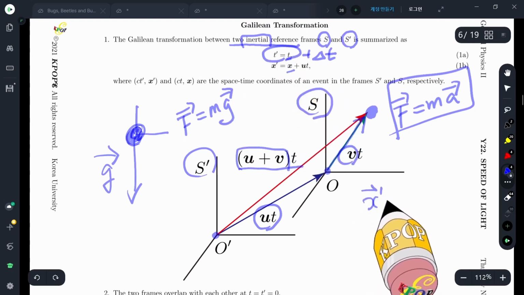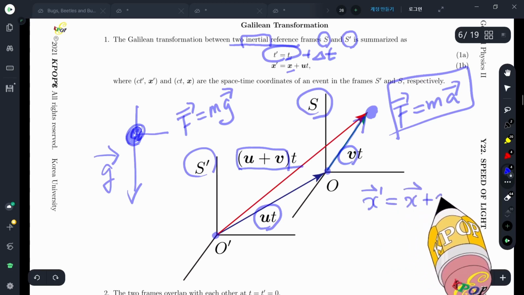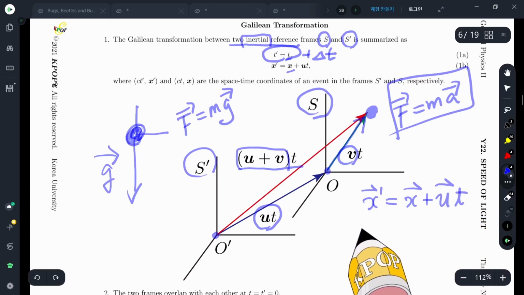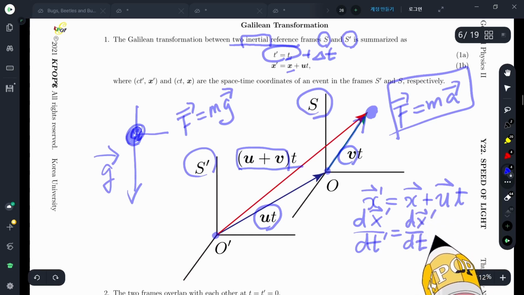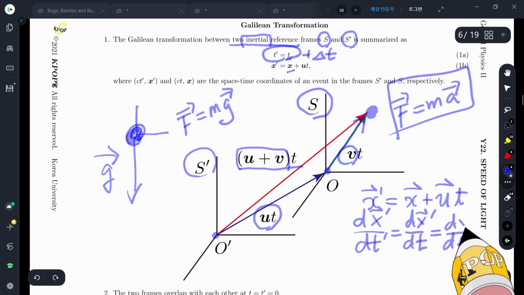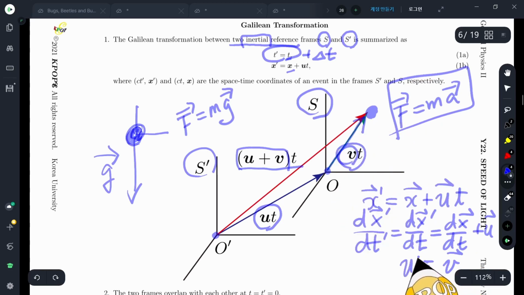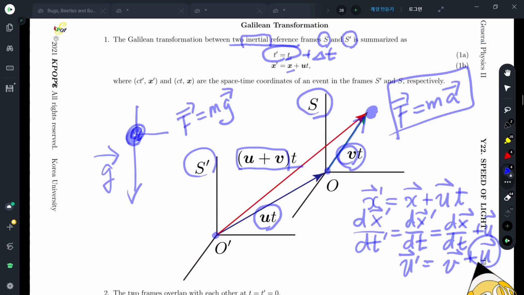X prime vector equals x vector plus u vector times t, and u is constant, and we take the time derivative. That is because the time is the same in both frames. This is v, and because v prime, we need to add u, that is the relative velocity between the two frames.